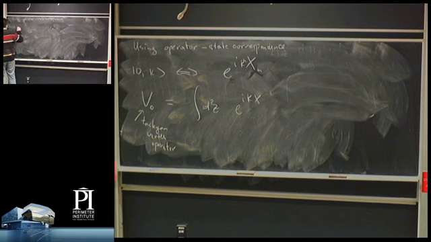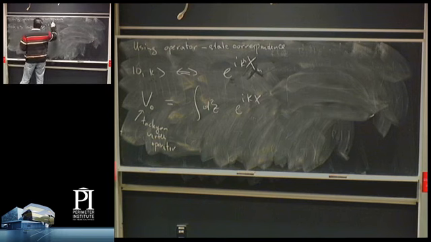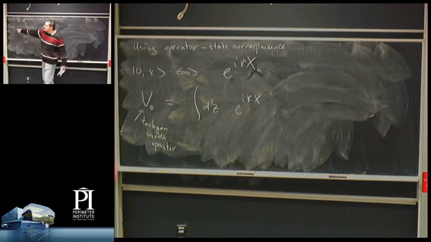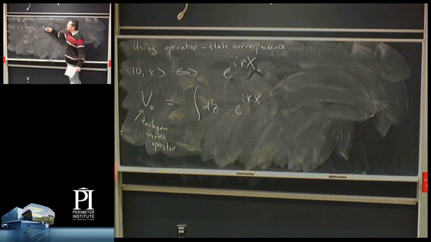If we have a state which is just a single string vacuum carrying some momentum, then this corresponds to the operator e to the i k x. There's nothing else. This state is a scalar in space-time, which means that it cannot have any new indices, like what x has.